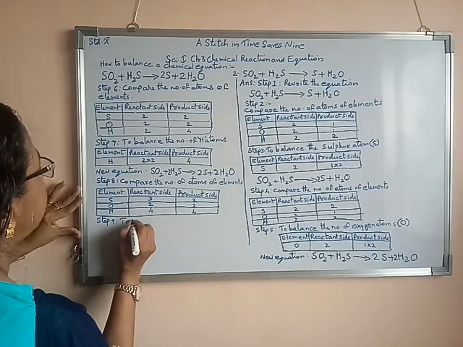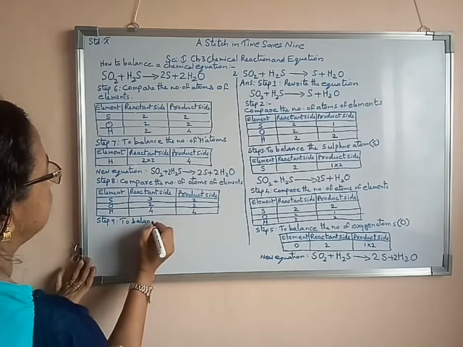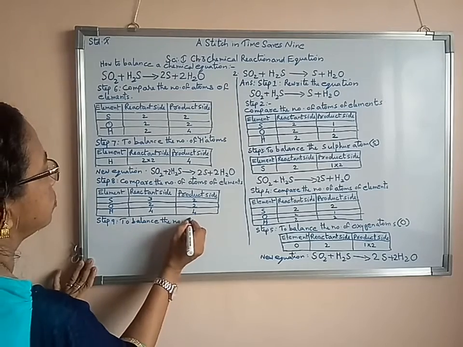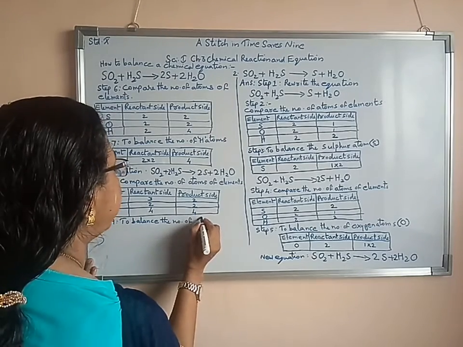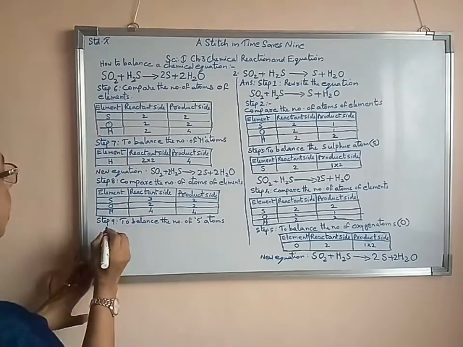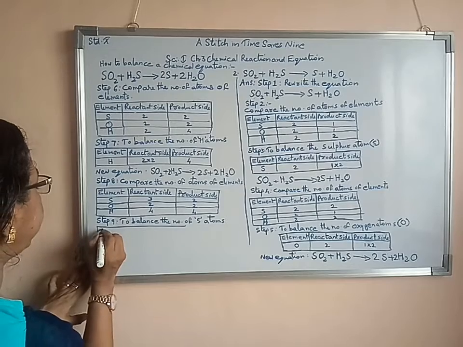To balance the number of sulfur atoms, we will make the column. Only the sulfur we have to write.